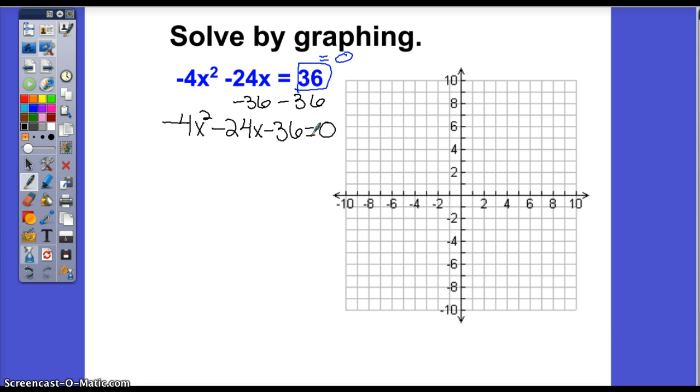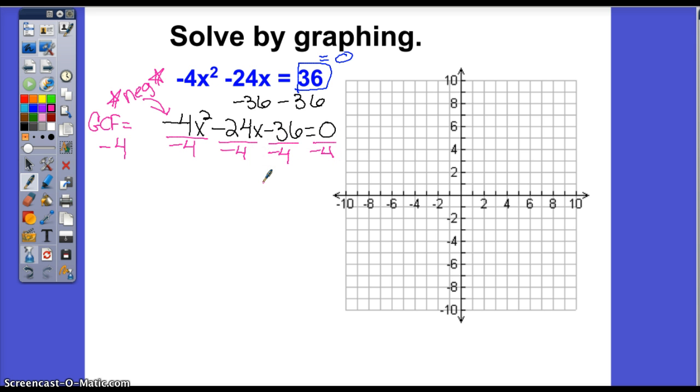Do you see a GCF? I do. First of all, my first term is negative, so I know that my GCF has to be negative. I'm going to make it negative 4. So divide everything by negative 4.